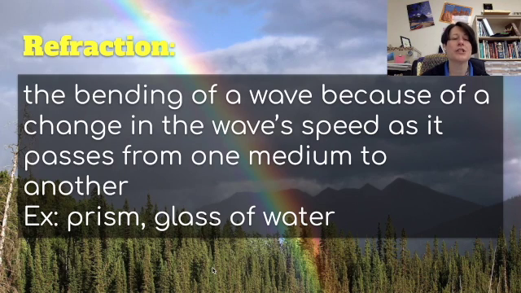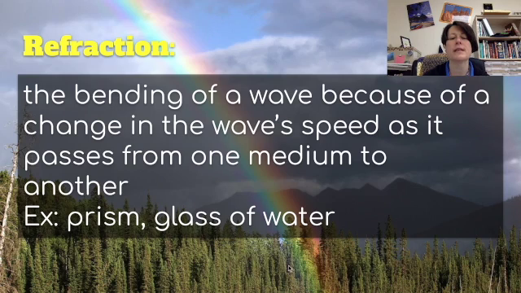There's also refraction. This is the bending of a wave because of a change in the wave's speed as it passes from one medium to another. This happens with a prism. This is where rainbows come from, because each color has a different wavelength, and when they pass from one medium to another, from air to glass, they will bend, but they don't all bend at the same angle because they go at different speeds through that.